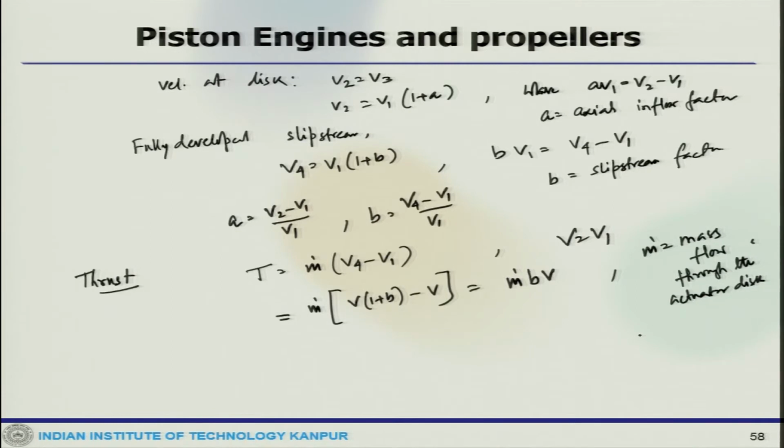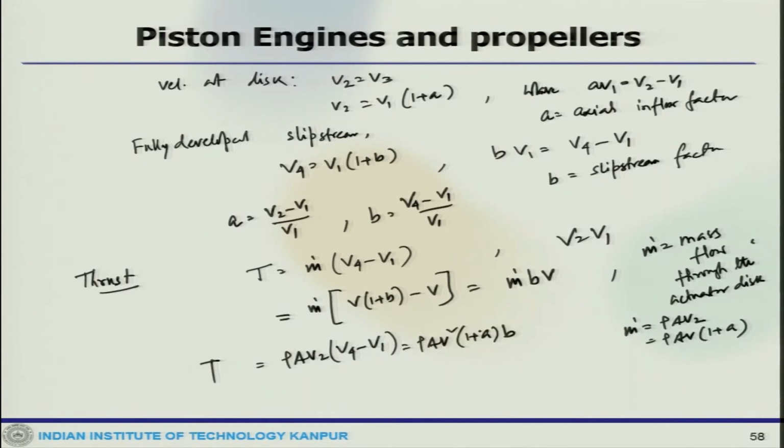And also we can write that m dot equals rho A V2, which is rho A V1 (1 plus A). Now, when I plug this back together, this will give me rho A V2 (V4 minus V1), which is rho A V square (1 plus A) into B.